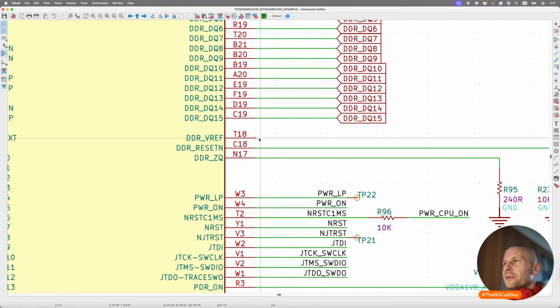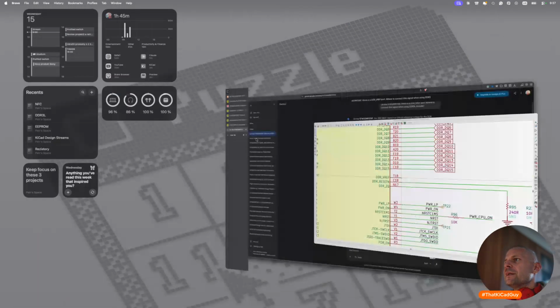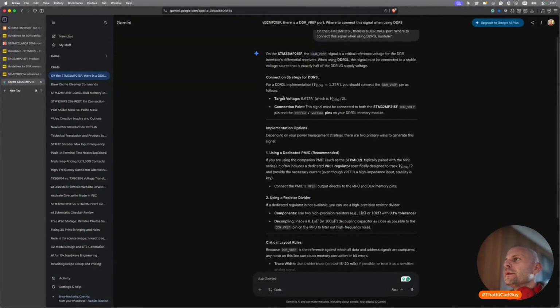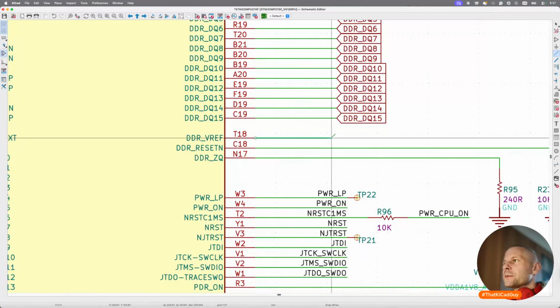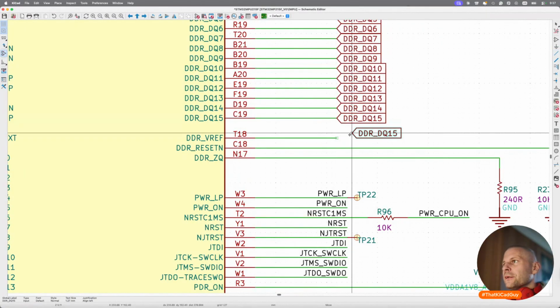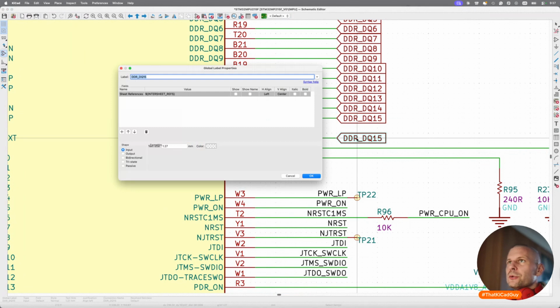But definitely we need this. Or not? Yes, it says that we have to connect DDR VREF and VREF DQ CA on the serial memory module. So I will connect the VREF through a 0 ohm resistor and we can then tweak it later.